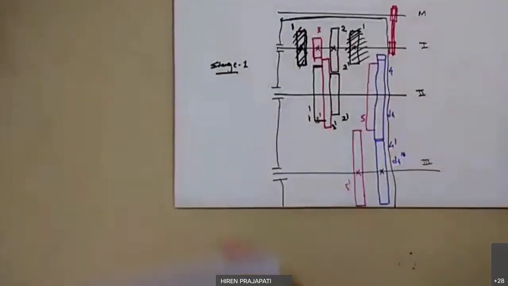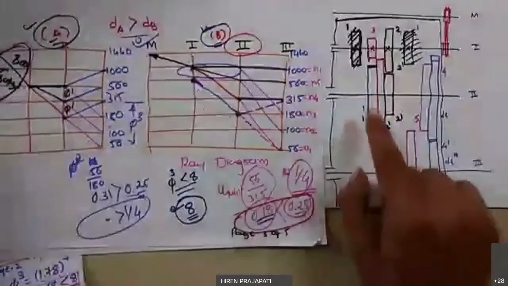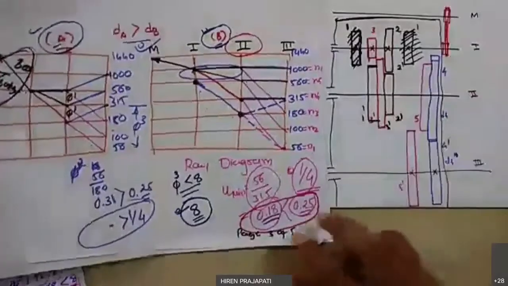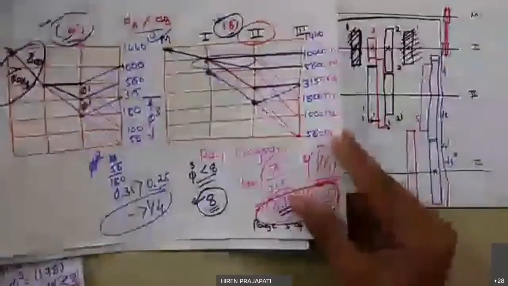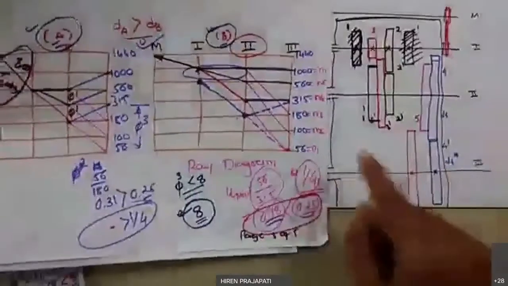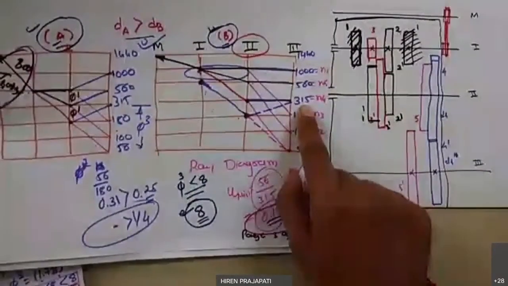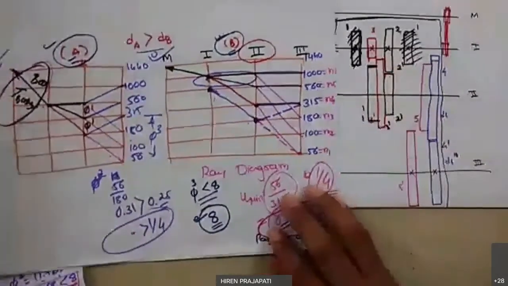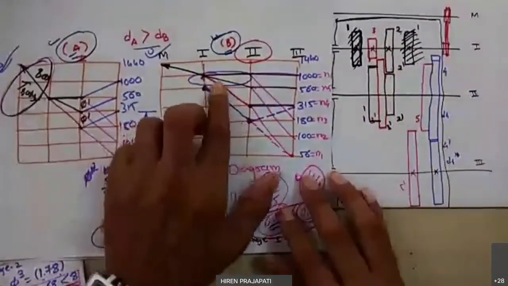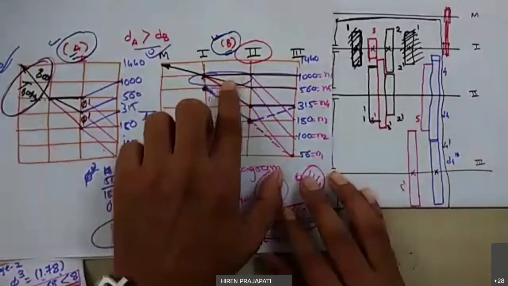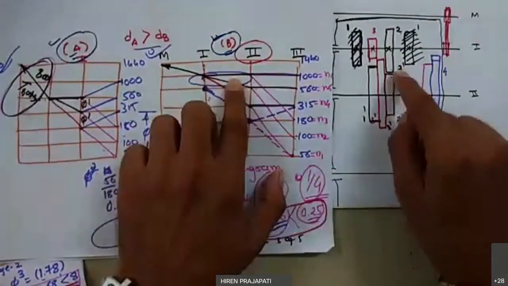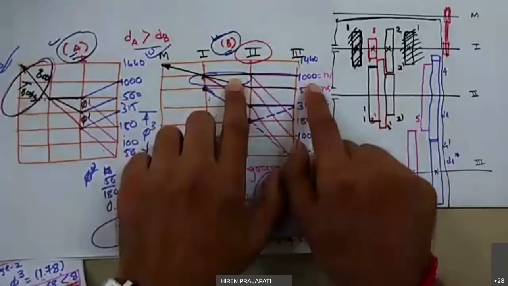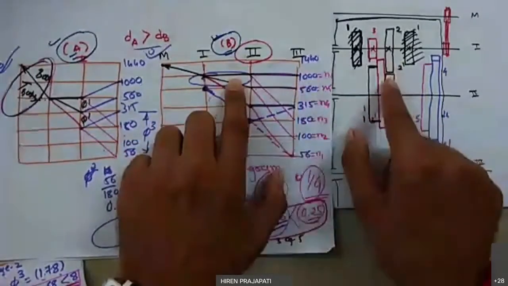Based on this ray diagram, we get a rough idea about the diameters of the gears, but now we are interested to find out the number of teeth and exact diameters of the gears. But this is giving us the actual speed of different gear pairs. For example, if I follow this brown line, then what would be the speed? 1000 RPM, right?